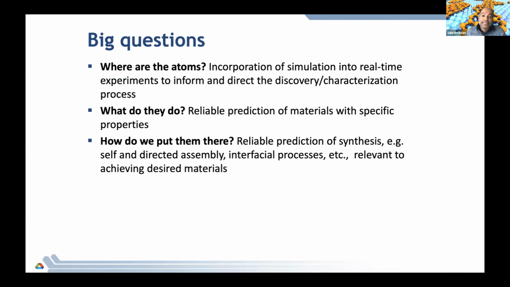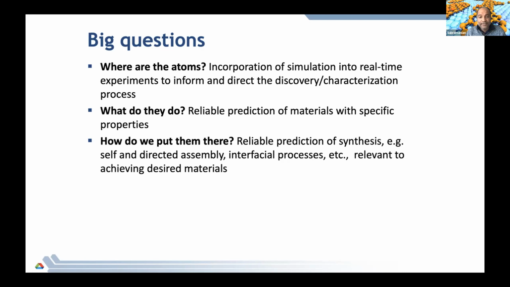And finally, we are interested in how we put them in places where we want them to be. This caters to the synthesis aspect, and as I said, we are working closely with our experimental collaborators, looking at synthesis pathways such as self and directed assembly, interfacial processes, and so on, that are relevant to achieving the desired materials.